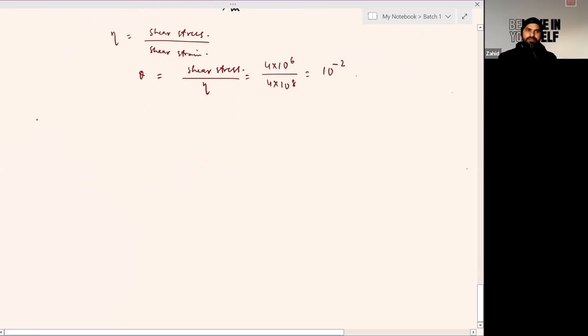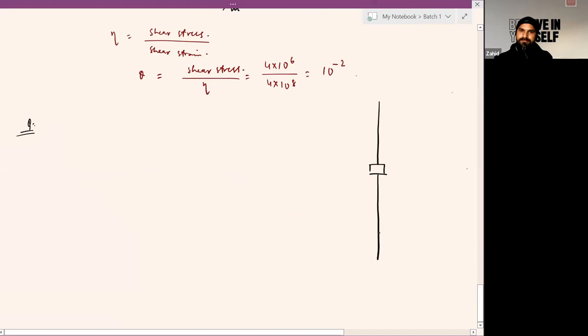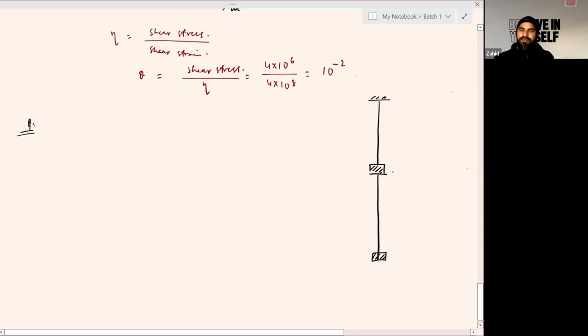Now, there will be some problems related to string. Let me define a concept behind it. Suppose you have two different blocks.